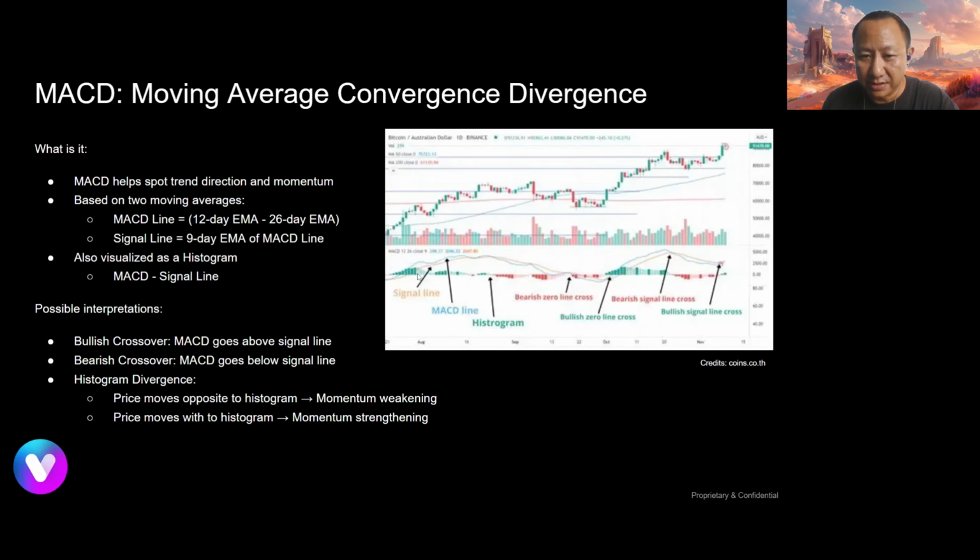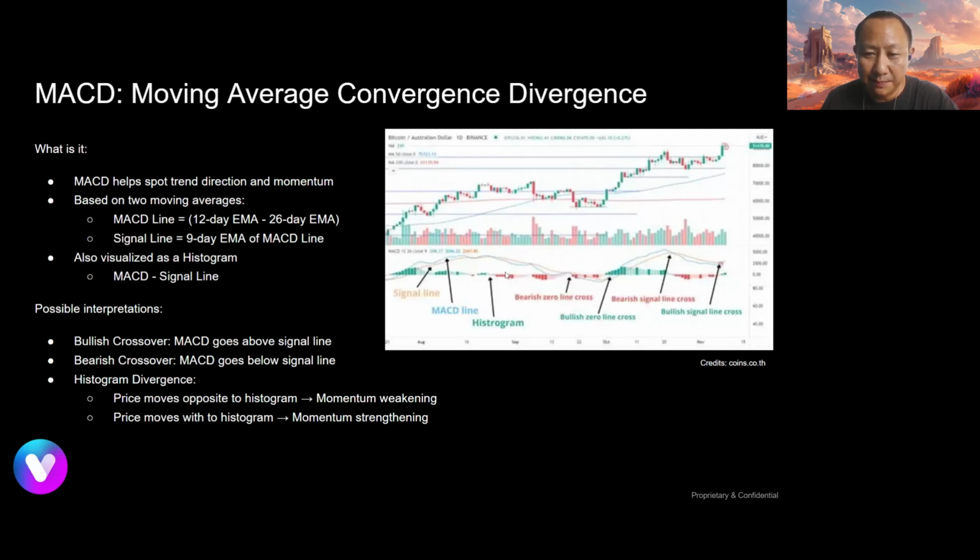That's represented by the bars here. All right. So visually, the MACD comprises three things: the MACD line itself, the one in blue on this chart, the signal line in yellow, and the histogram. Okay, so that's how you read a MACD chart.